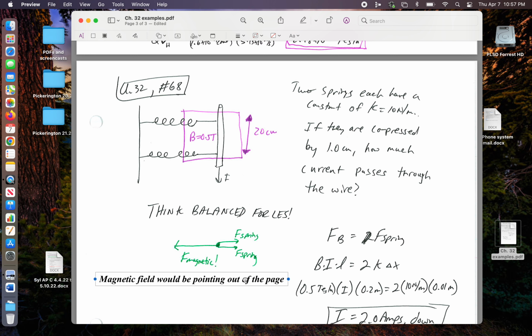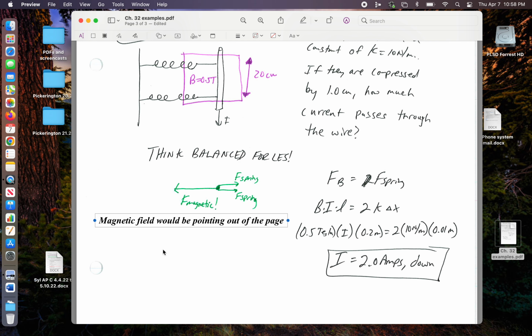I use my right-hand rule for that because we think of conventional current. So I've got the fingers pointing into the page. The current would be going down, and therefore the force would be to the right. Now if I have the fingers pointing out of the page, finger pointing down, my force is to the left, and that agrees with the free body diagram. Therefore the magnetic field has to be pointing out of the page.